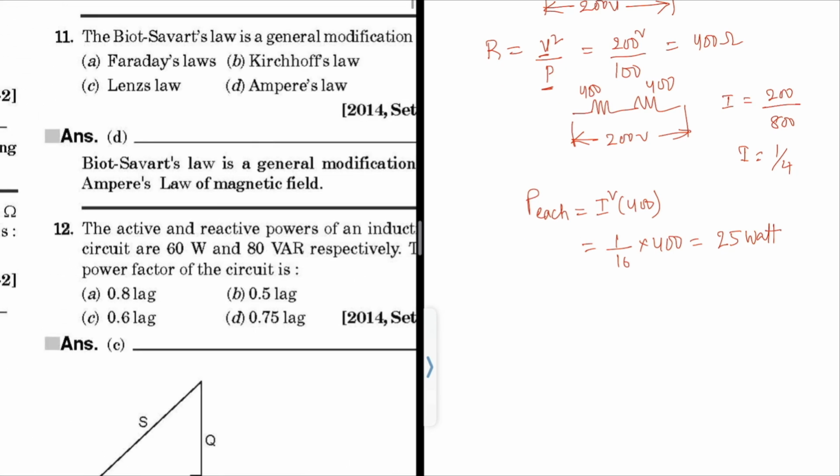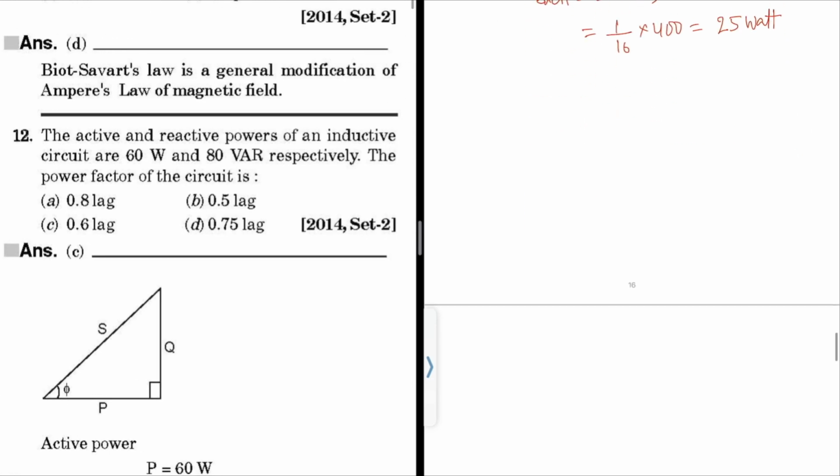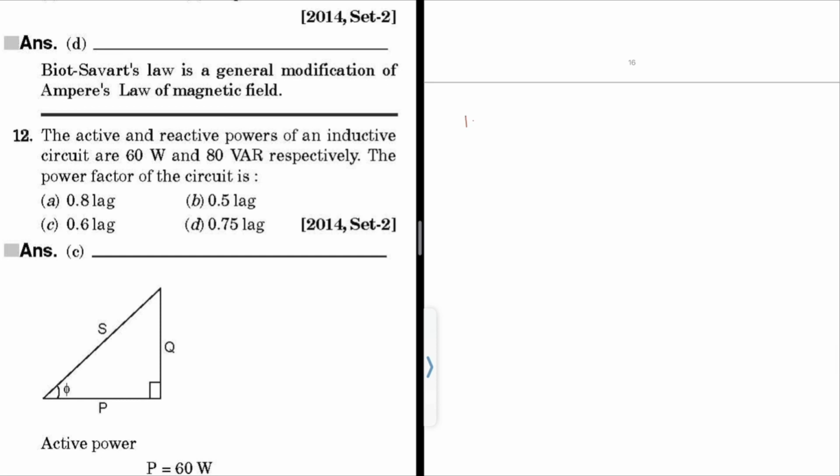Coming to the next question, question number 12. The active and reactive power of an inductive circuit are given: P is 60 watt and Q is 80. They ask for the power factor. From this you can calculate S equal to root over P square plus Q square, where S is the apparent power.